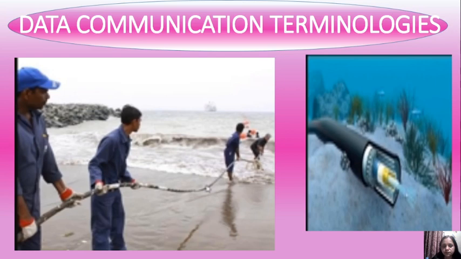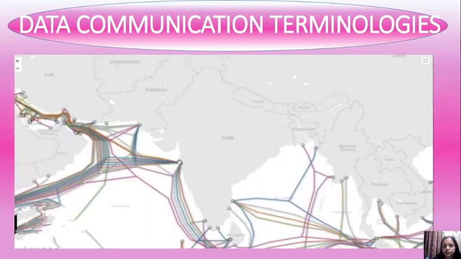Now here you can see another picture of how the world is connected using fiber optics. Wherever a center is established for a server, they are connected with each other using this optical fiber cable.